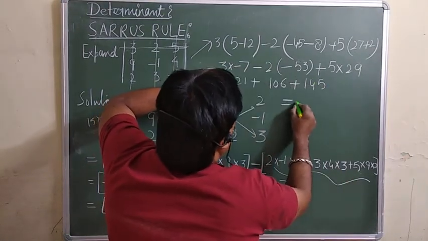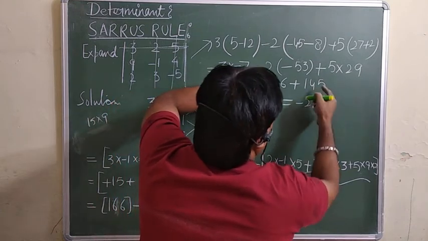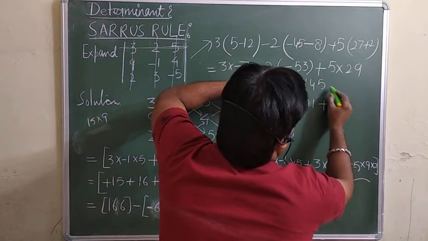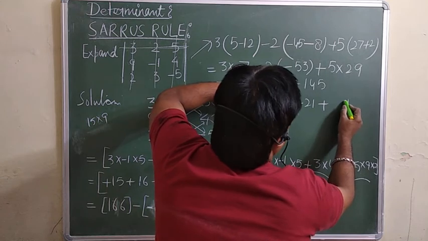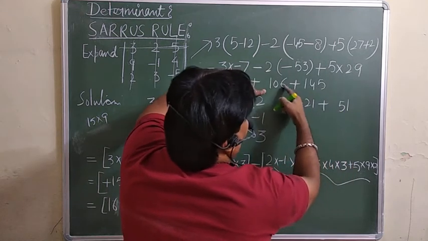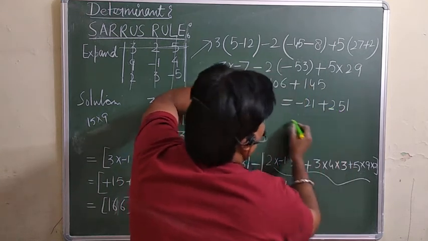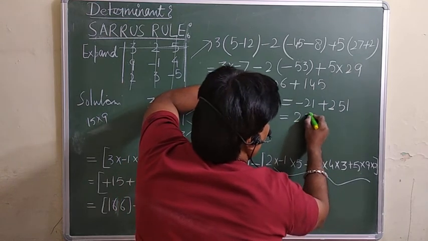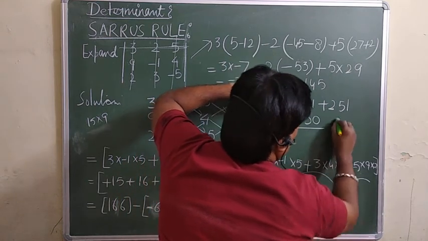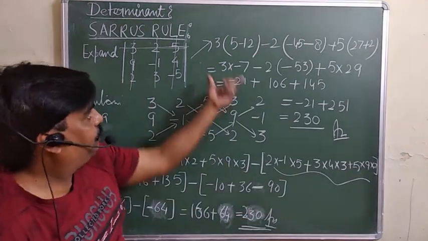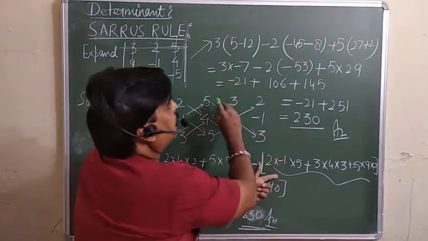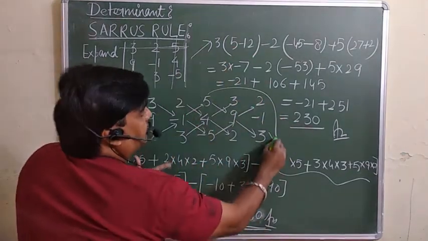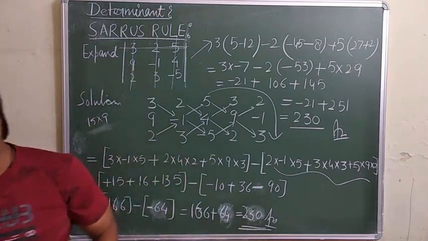So this is equal to minus 21 plus, you will add this one, you will get 152. So that is 21 you will subtract, that is 230. So this is your answer. So by using this one you are going to find the determinant, or by the Sarrus method. In both the cases you will get the same answer. Have a look.